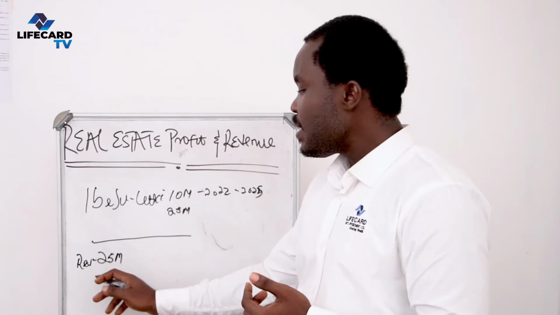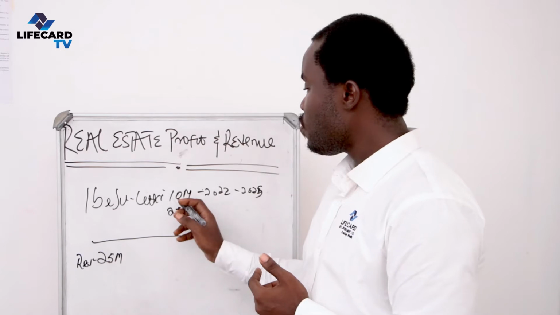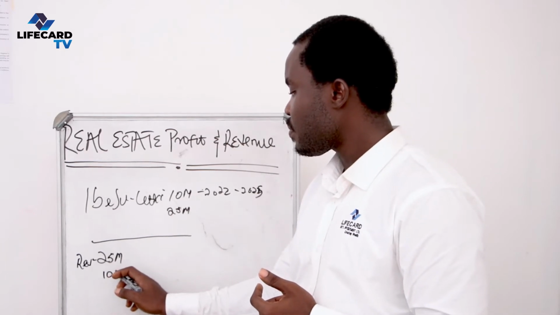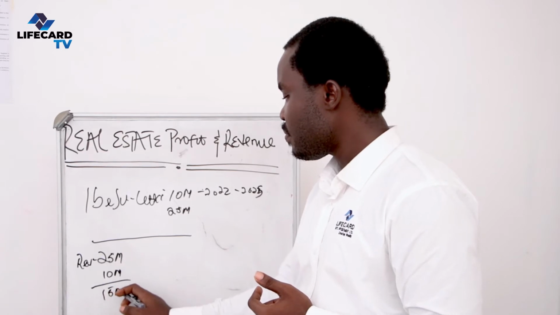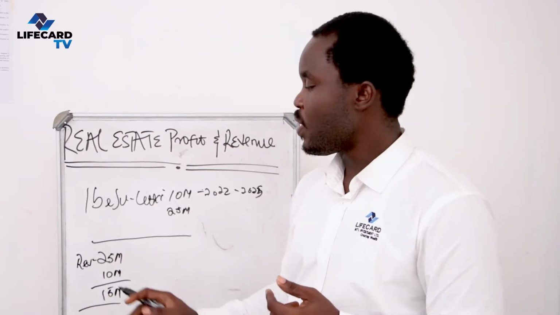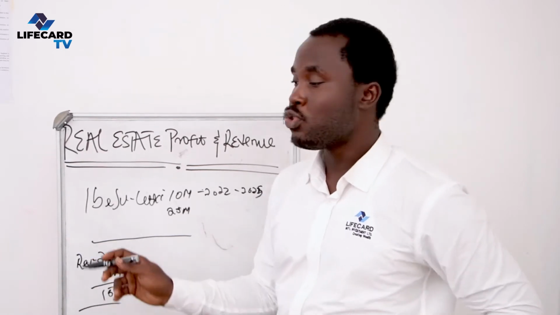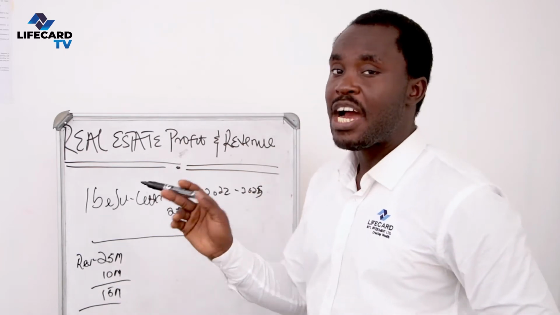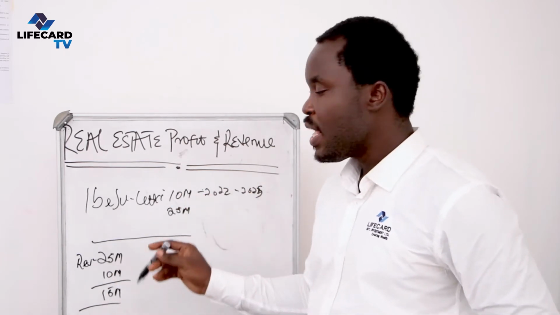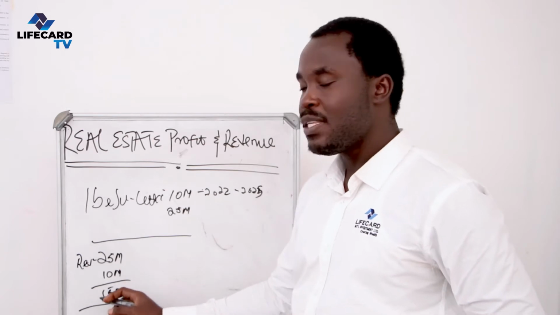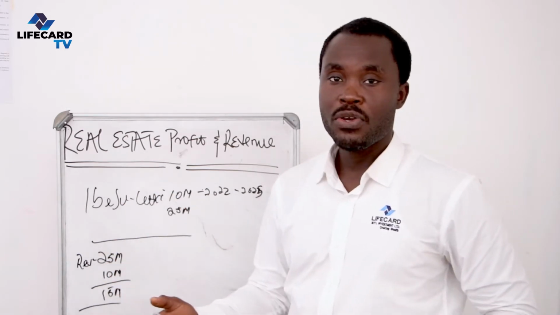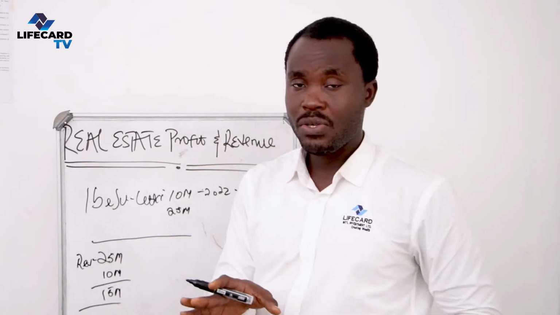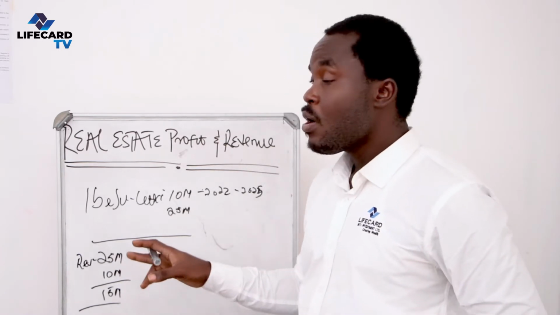So if you subtract how much you bought it for, which is 10 million, the profit here is 15 million. So you had a revenue of 25 million when you sold it in 2025 after buying it for 10 million in 2022, and then you got a profit of 15 million once you subtracted your cost from your revenue. So that is your revenue and profit.